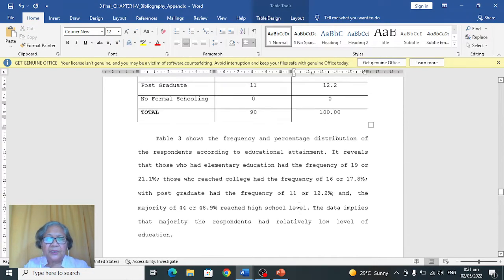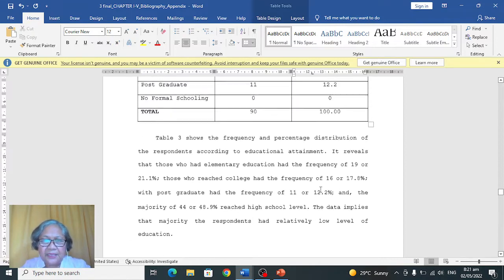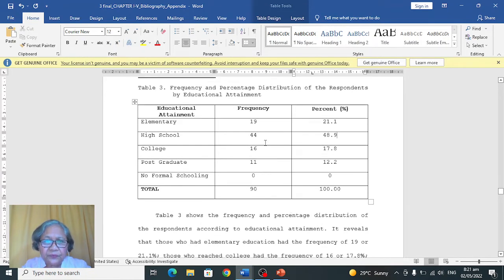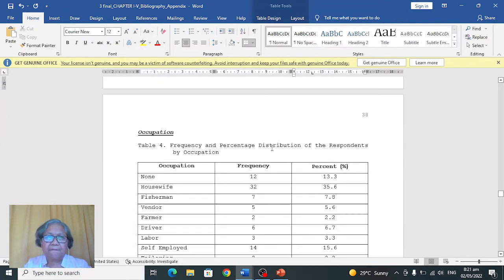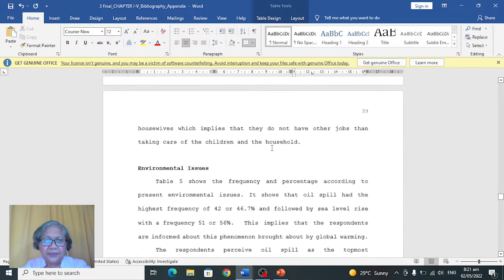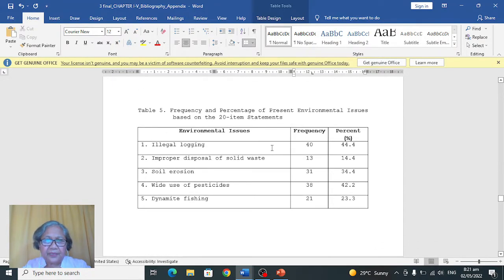Yan. So, implication lang. It doesn't mean that it is the exact condition, but you are only discussing the implication of your data, gathered data. Okay. I hope that is enough as an example.